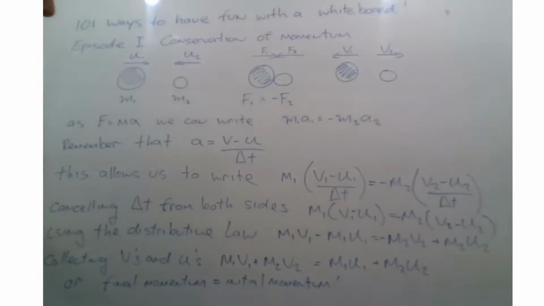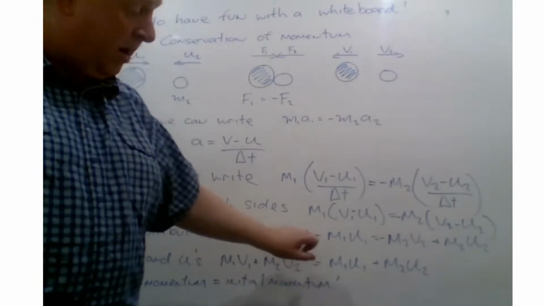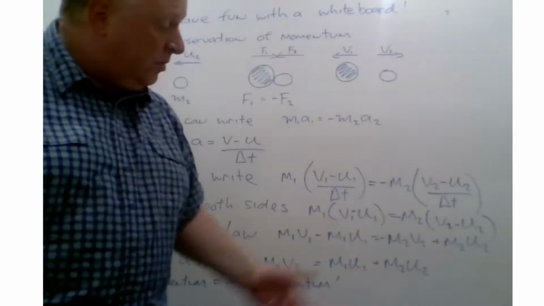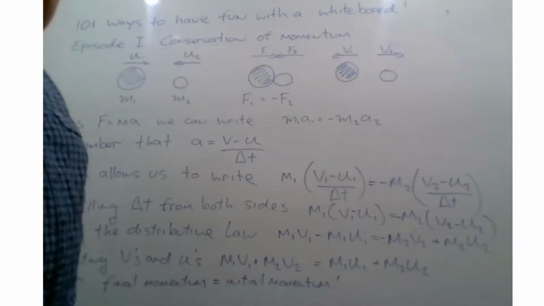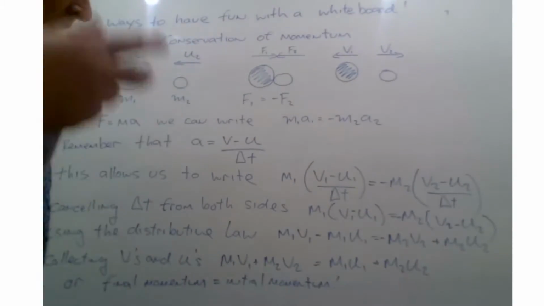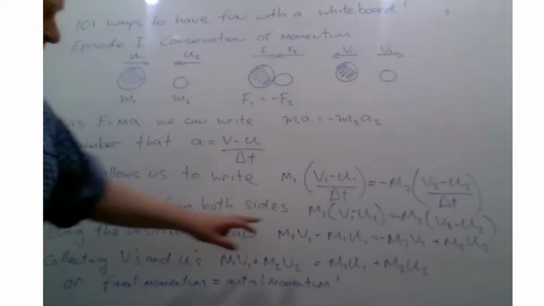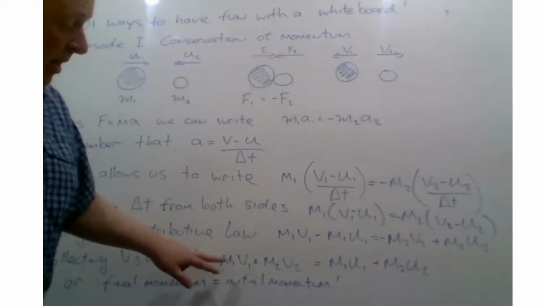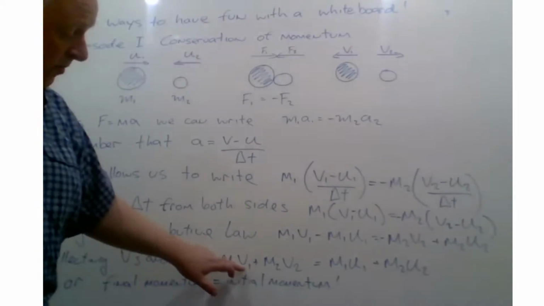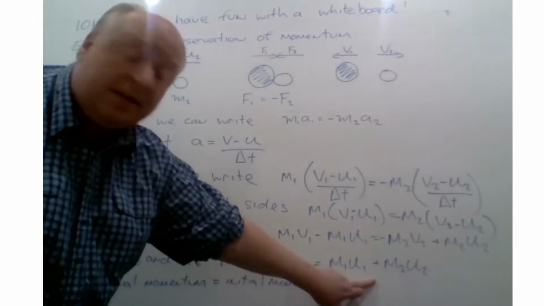Using the distributive law from maths, we can then expand the brackets: m1 v1 minus m1 u1 is equal to minus m2 v2 plus m2 u2. Now collecting terms for final and initial velocities, what I'm doing from this step to this step is rearranging, so all the final velocities are on this side of the equation and the initial velocities are on this side of the equation.